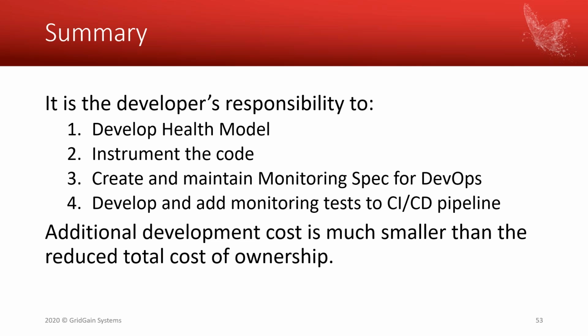You need to create a monitoring spec to communicate this knowledge to DevOps. The monitoring spec is a live document, always updated with every Apache Ignite release and every application release, and added to your CI/CD pipeline. Yes, that adds additional development costs, but these are much smaller than the reduced total cost of ownership that you will get in the end. This is why it is important.